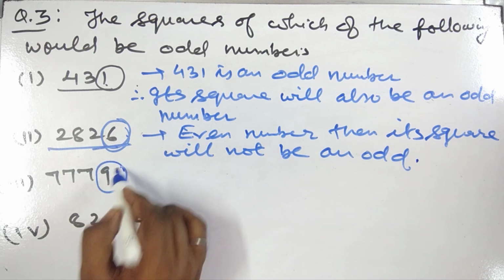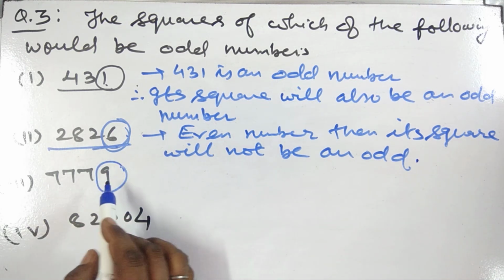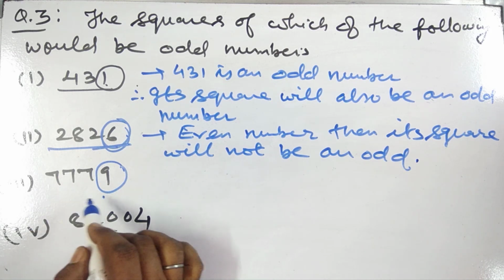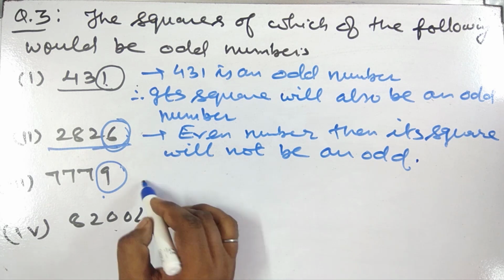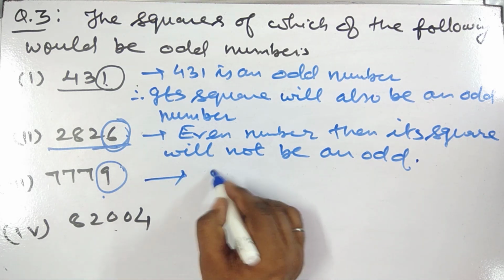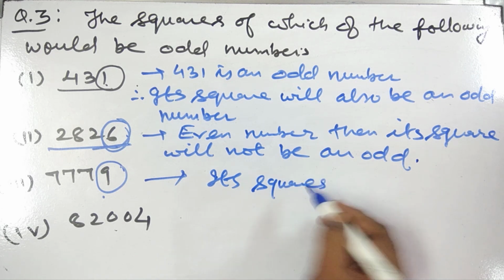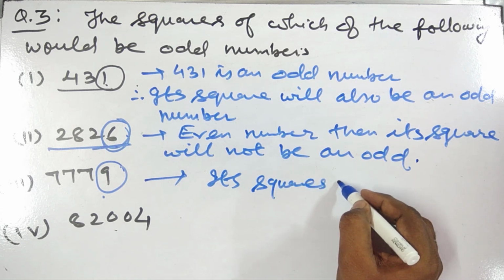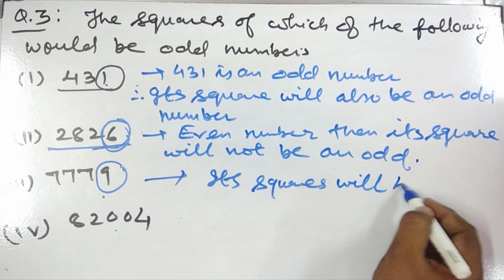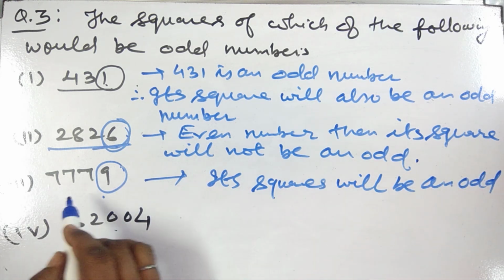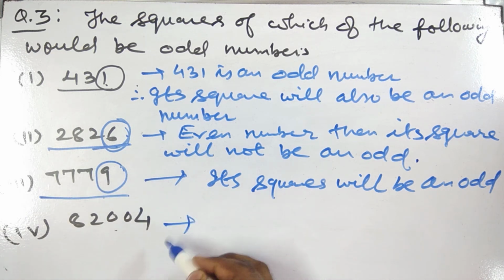And in this number, students, ending digit is 9, it means this is an odd number, then its square is also odd. Its square will be odd, because this number is an odd number.